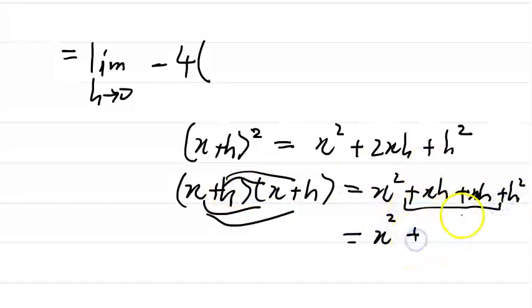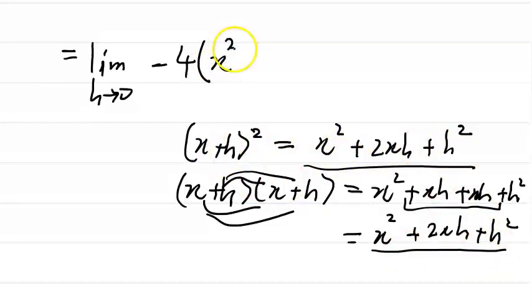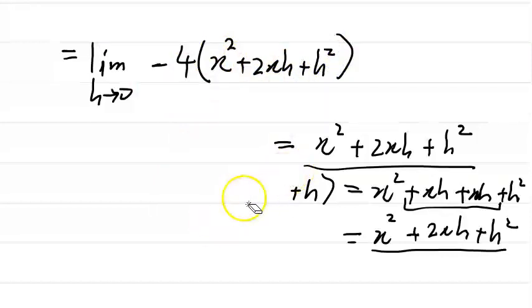And then adding the like terms, plus 2xh, and then plus h squared. So learners normally will just memorize this, that x plus h all squared is x squared plus 2xh plus h squared. So we can just write it down there, x squared plus 2xh plus h squared.